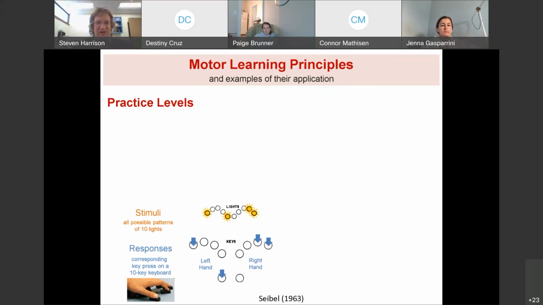Directly in front of you is going to be a set of circles, one representing each of your fingers, and those circles are going to light up. So in the example that we've got here, we see 4 lights light up, and in order to do the task as quick as possible, you then have to press down with only those fingers and thumbs that correspond to the lights that were lit up.